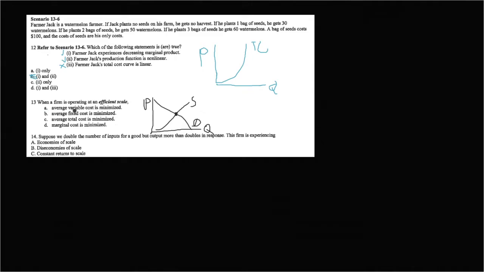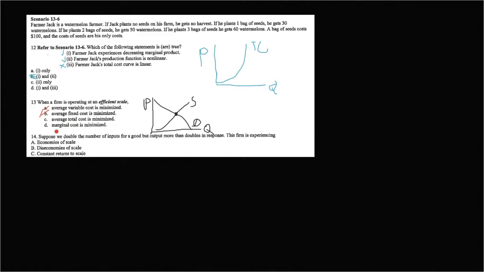Average variable cost is minimized. That is not true, because variable cost is not everything that we are accounting for. So B is incorrect.